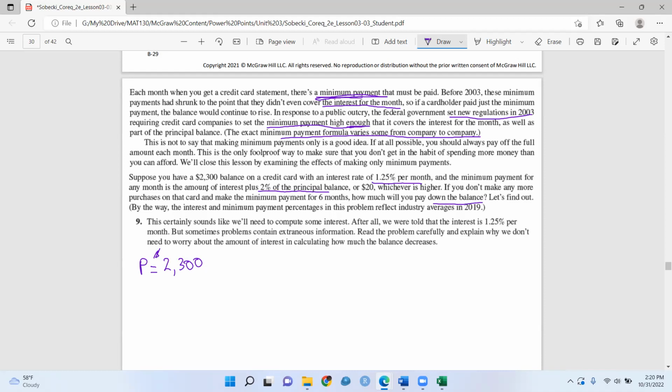So this is an exponential decay problem where the amount that remains is going to be 98% of the principal each month, right? We have 100% of the principal minus 2% equals 98%. This is the percent of the balance that remains.